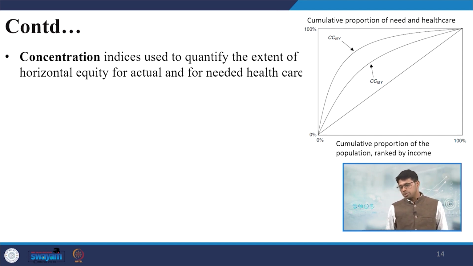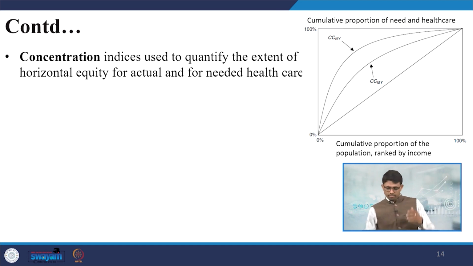the cumulative proportion of need for healthcare as against the cumulative proportion of the population ranked by their income. That means, with the higher income of the population, by quantile groups or percentile groups till 100%, what happens to the proportion of healthcare need.